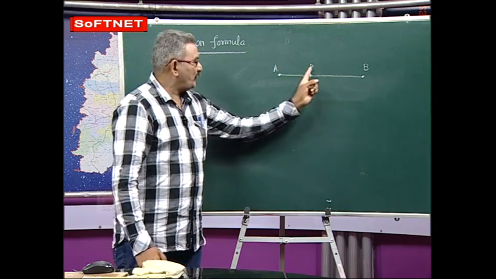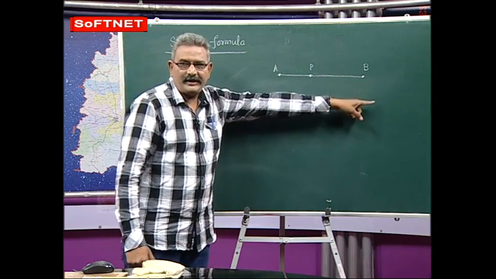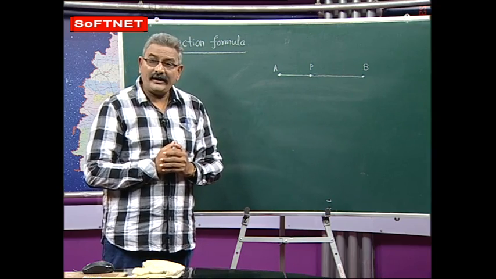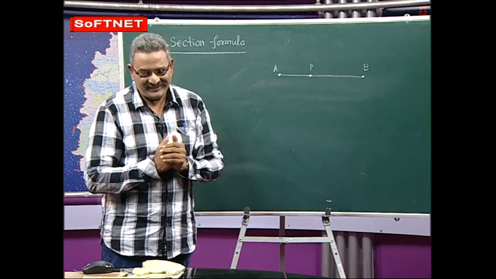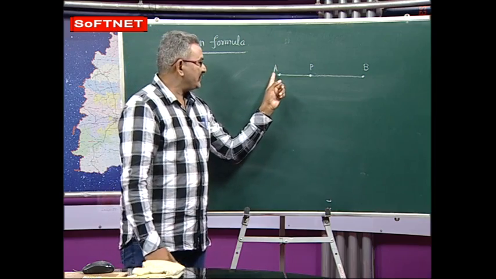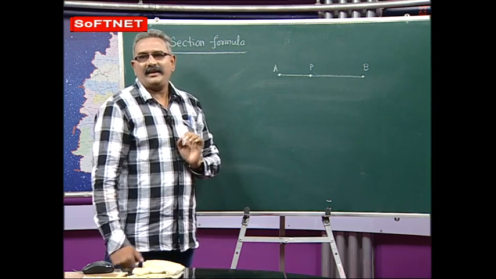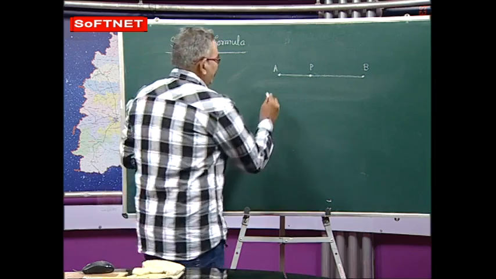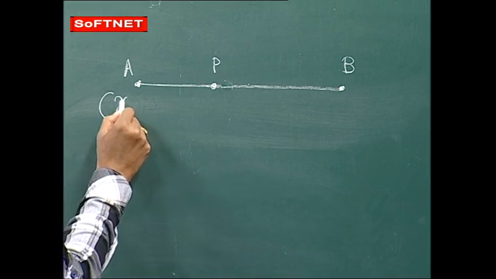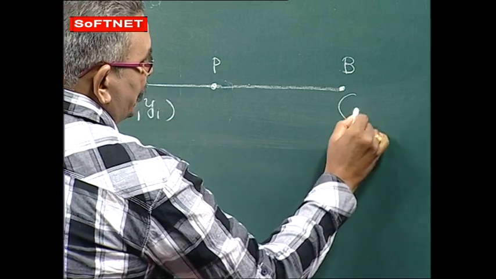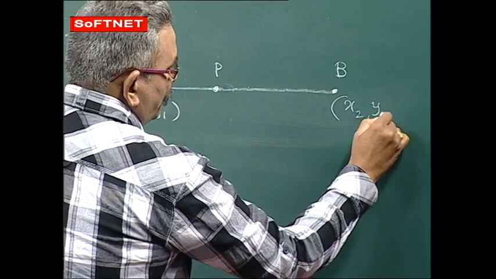Otherwise, suppose P divides AB in the ratio m:n, can we find out the coordinates of P which divides the line segment joining the points A, B? Suppose A coordinates are x1, y1, B coordinates are x2, y2.